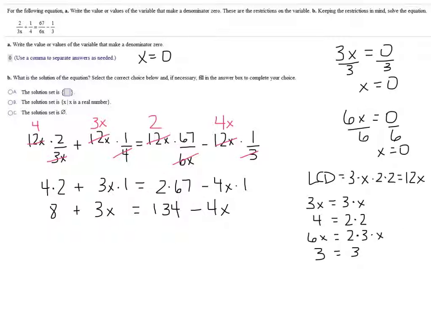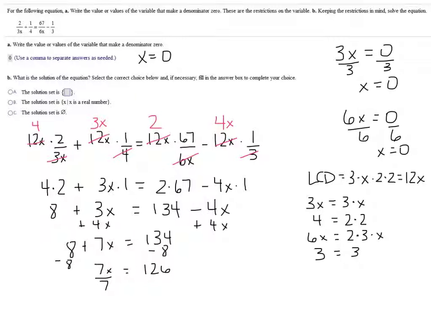So from this point, it's just like any other equation that you would work. We can add 4x to both sides if you like. So we'll have 8 plus 7x is equal to 134. Subtract 8 from both sides, and 7x is equal to 126.